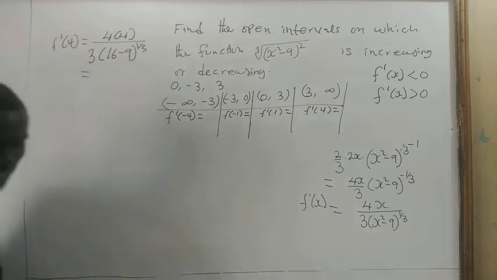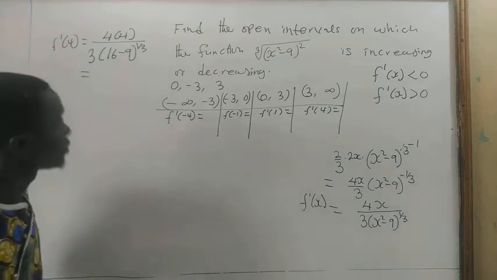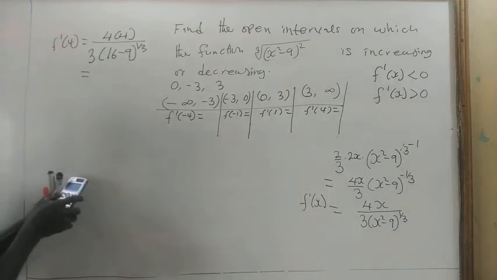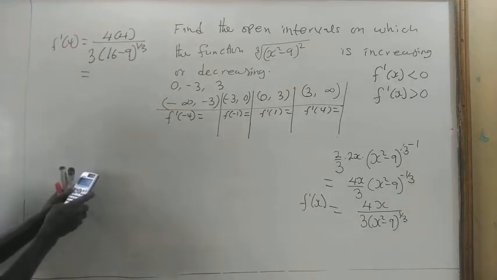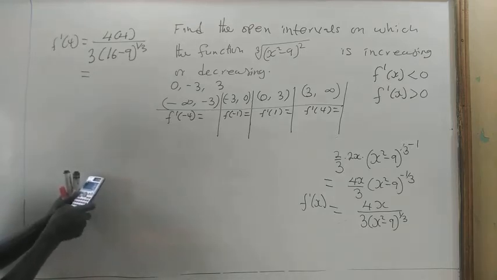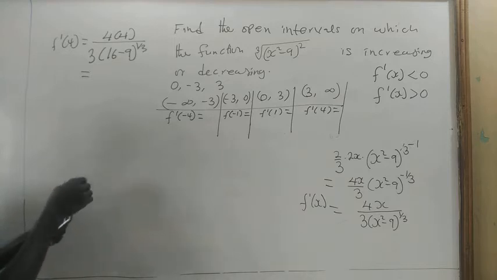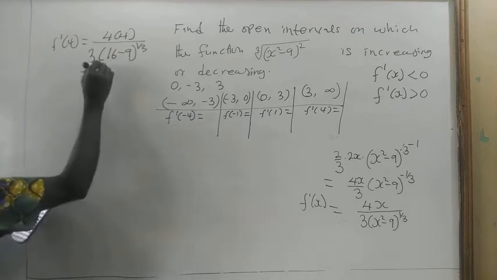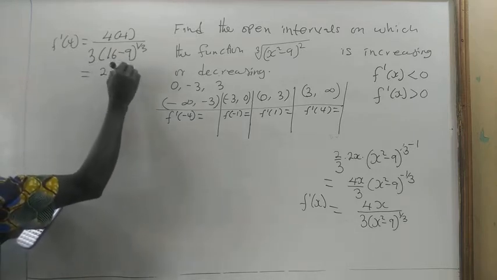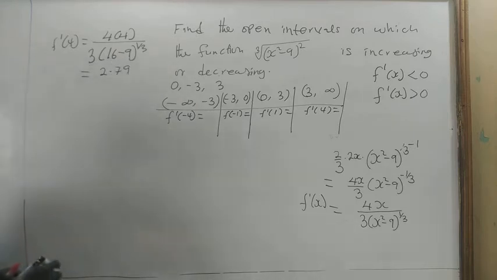Oh, not positive. Let's check it from the calculator. If we put in 4, that is 4 times 4 divided by 3 times 16 minus 9 to the power 1 out of 3, we are going to get positive 2.79 to 3 significant figures.